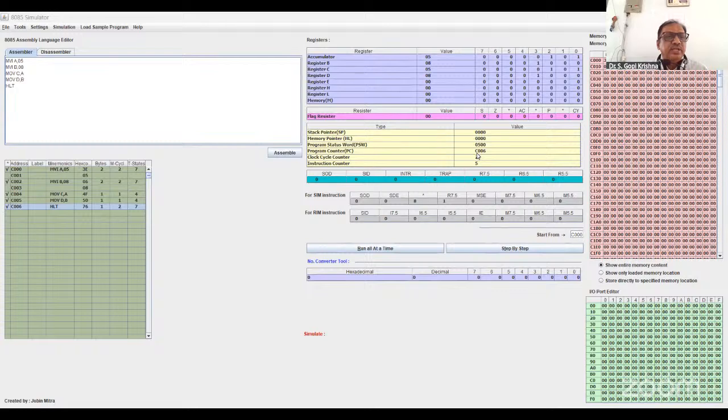Then ADC, add register to the accumulator with carry. Whatever addition is going to be performed on the contents of the accumulator and the register, the carry will also be added to this. Suppose the contents of B are added along with the carry flag. The carry flag is added to the contents of the accumulator and the result is stored in the accumulator.